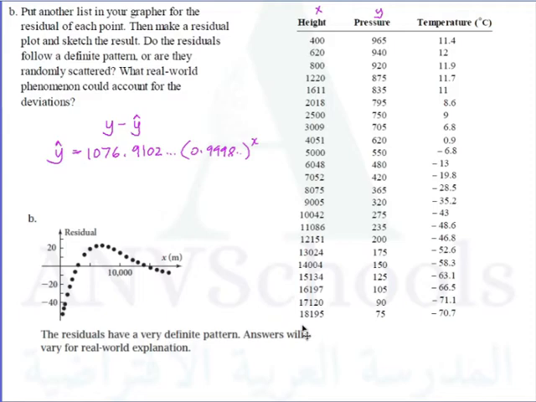Now, any phenomenon that you know that would have this kind of graph would certainly fit the residual plot. It varies, so you could actually do some research about it also.